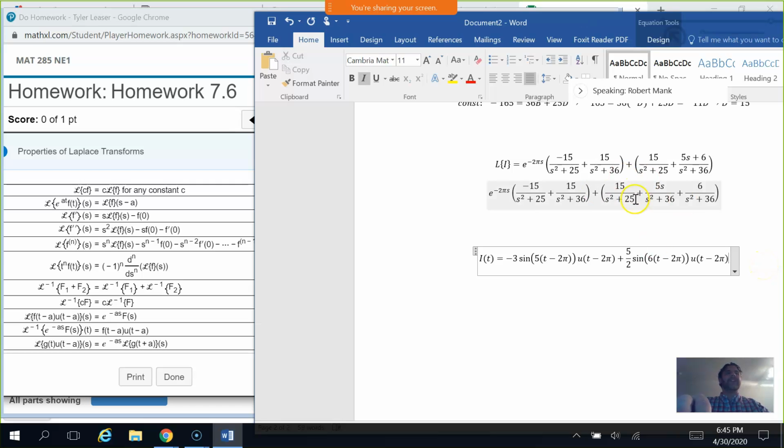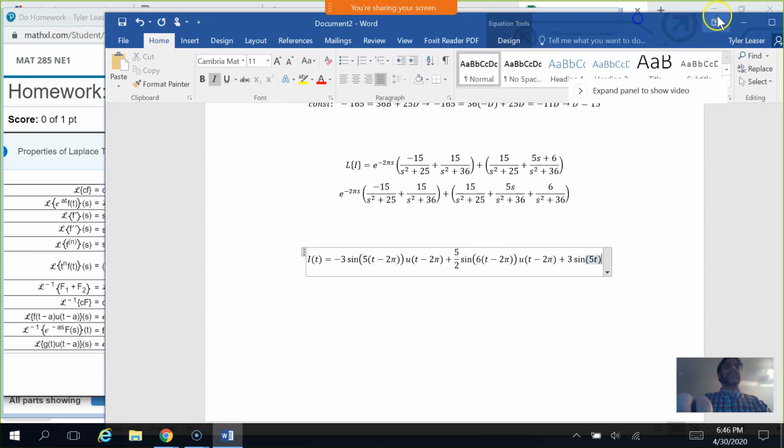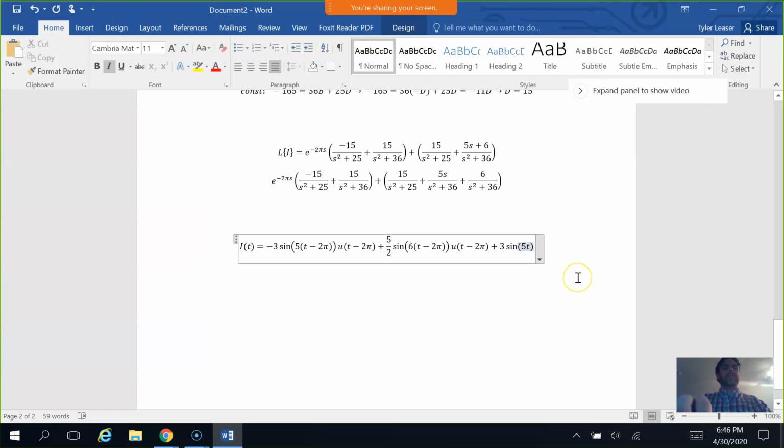We still got 3 more here. But these should be a lot easier. So this one, we have to have a 5 up top. So I'm going to pull out a 3, and then we're going to end up with sine of 5t. We do not have to worry about a u function here because there's no e multiplied on this one. All right, that's going to be plus. This is going to be a cosine one, right?